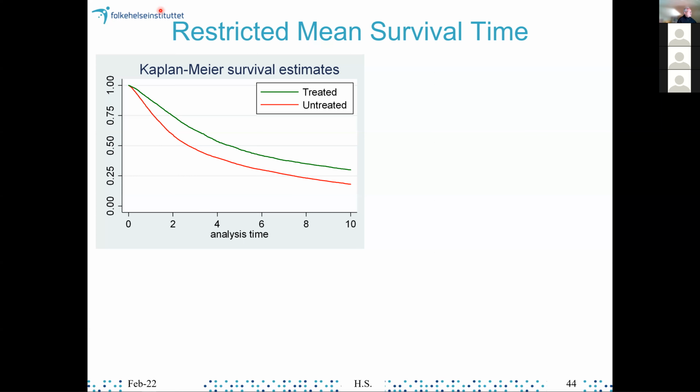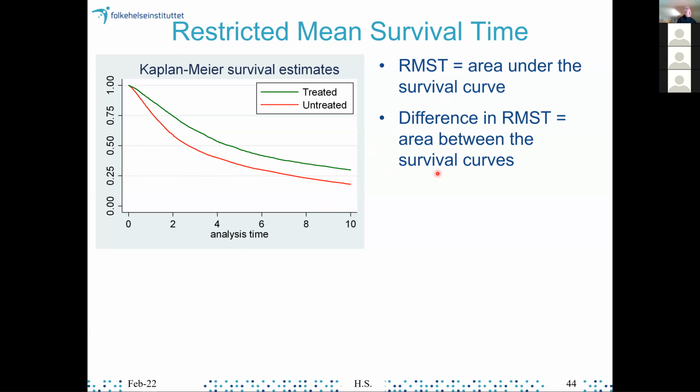So if we look at Kaplan-Meier curves like this, then the restricted mean survival time is simply the area under the survival curve. So the area under this curve is the mean survival time. And then it's easy to see that the difference between treated and untreated will be the area between the survival curves.